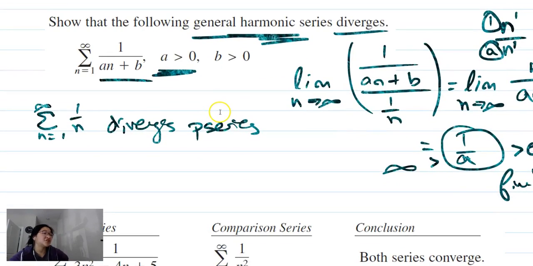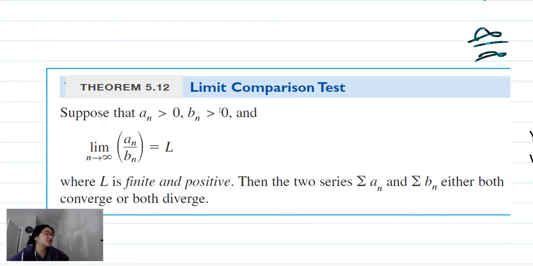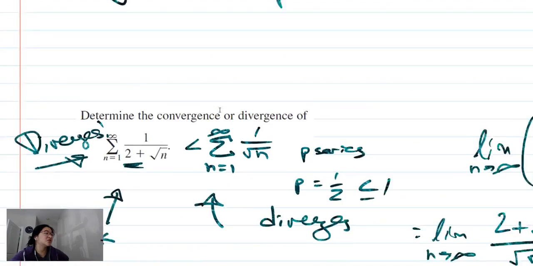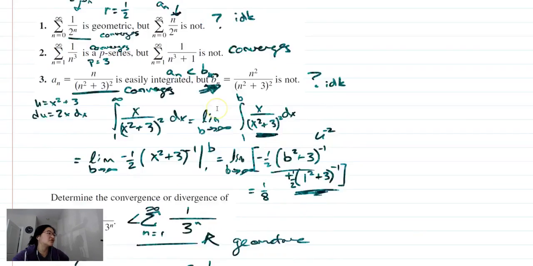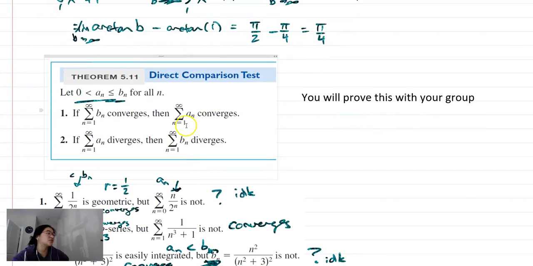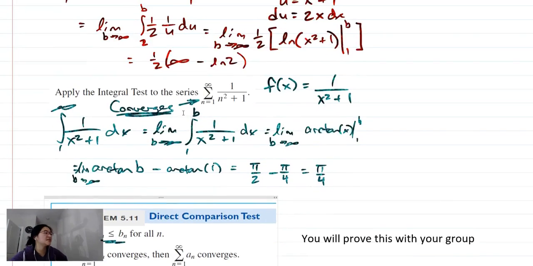We showed that the general harmonic series diverged. We also used the direct comparison test, where if you have an upper bound series, and that converges, then the smaller one converges. If the smaller series diverges, that means the bigger one also diverges.